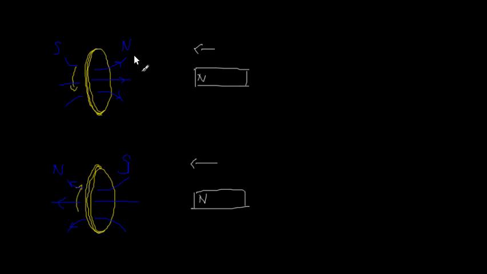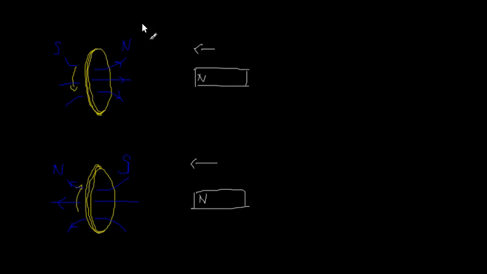And we know that like poles repel. So as I try to push this towards the loop, the North Pole that is created here by the current would repel this. So there's a force of repulsion here.